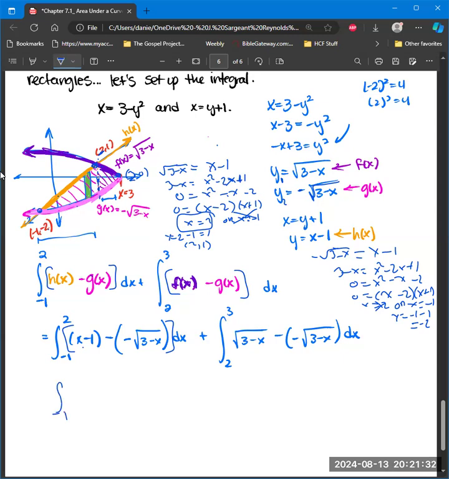So that's negative 1 to 2 of x minus 1 plus root 3 minus x dx. And then this is going to be plus, and I'm going to get 2 of these same things added together. So this is going to be 2 times the integral from 2 to 3 of root 3 minus x dx.